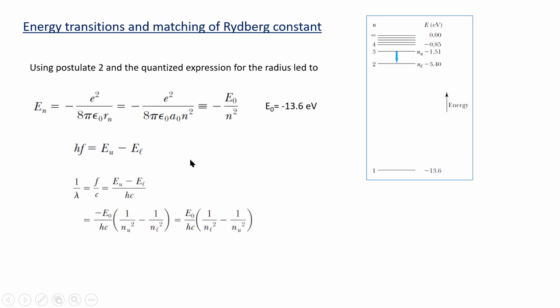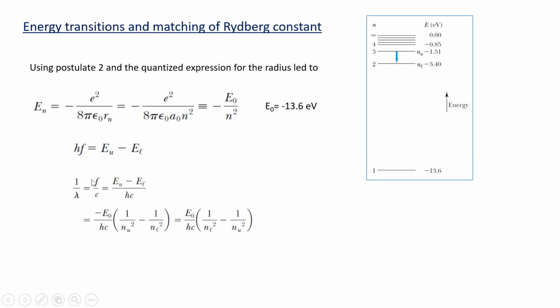And then using this formula up here, we have E_U equal to minus E naught over n_U squared, and E_L is minus E naught over n_L squared. And then we have a minus sign out in front, which we then distribute through. We wind up with this formula, E naught over hc, times 1 over n_L squared minus 1 over n_U squared.